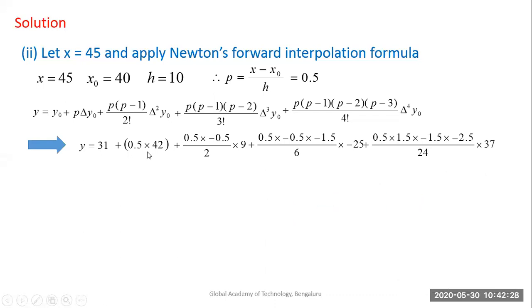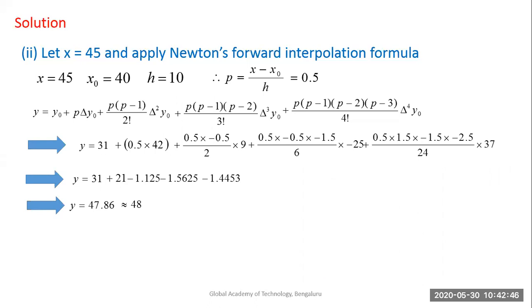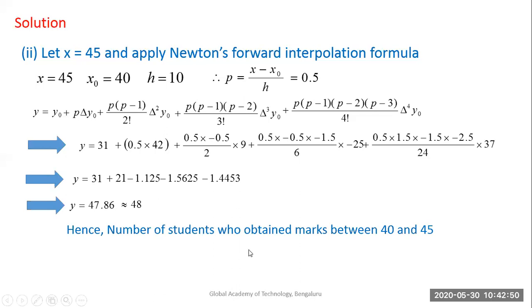Now simplify each of these terms. So we get 31 plus 21, 0.5 into 42. Then this value is minus 1.125, then minus 1.5625, and so on. By adding all this, we get 47.86. So approximately 48 students got marks below 45. I want the number of students who obtained marks between 40 and 45.